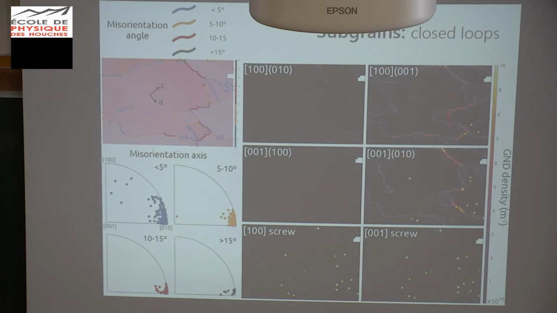Here these two dominate, with misorientation axes also around B, but this time forming just a closed loop, and you already see the formation of these subgrain cells with these two systems. So just that.